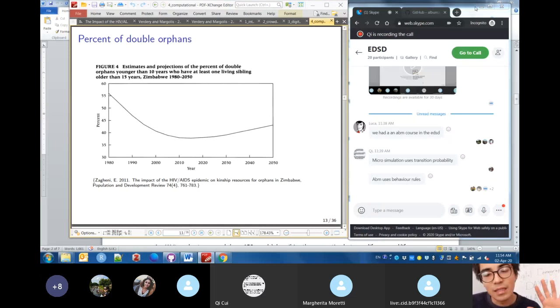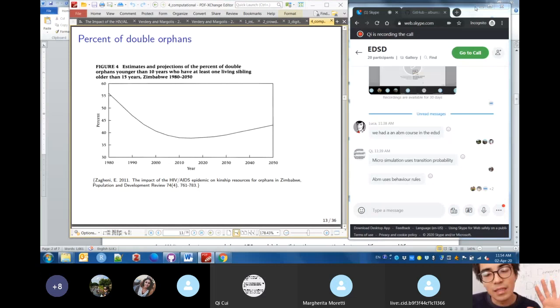Okay, so this is a very brief summary of the first study. The second study uses microsimulation to look at a similar phenomenon, but in a very different country and looking at a different subset of the population.